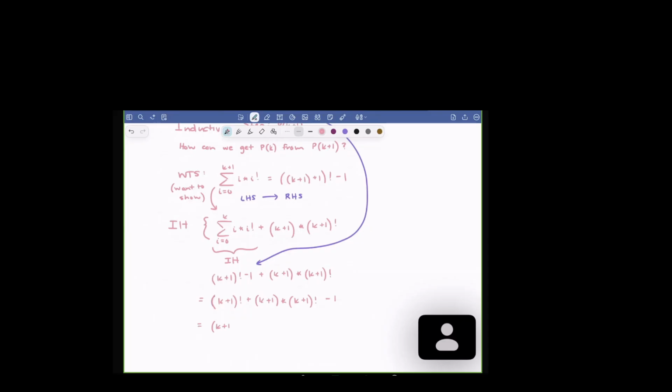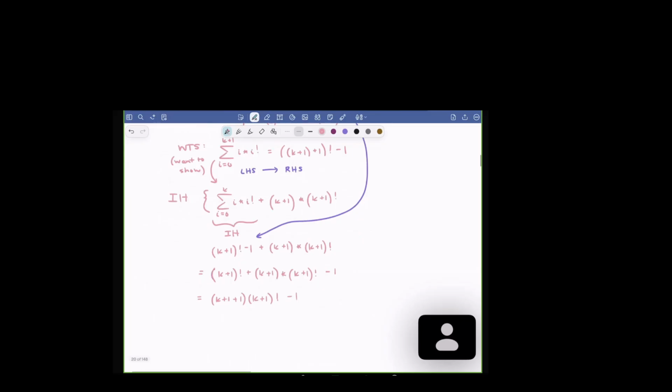I move the term over and then factor out the k plus 1 factorial. Does everyone get that? Everyone with me?